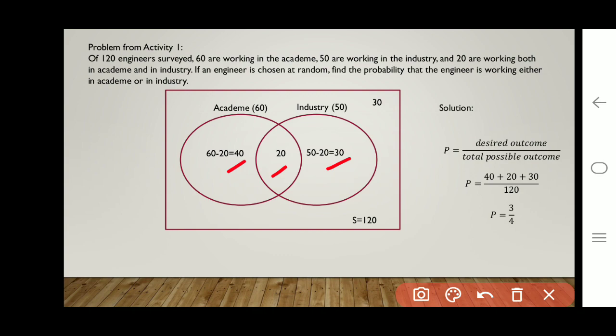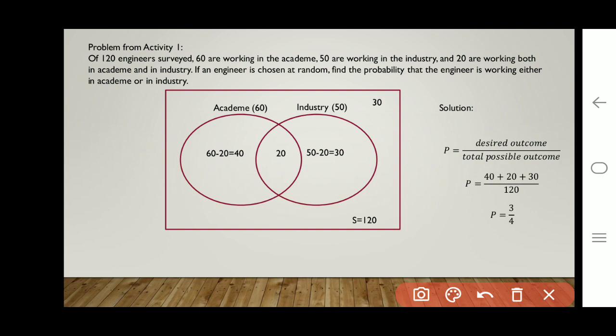So, yung total nung sa academe is 60. We have yung 40 sa academe alone, and then yung 20 both academe and industry. Kaya 60 pa rin siya for the academe. And for the industry, we have 20, and then 30 yung industry alone lang yung trabaho nila. Pero ang pinapakuha sa atin is working either in academe or in industry.